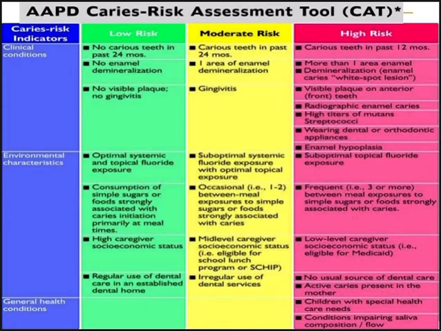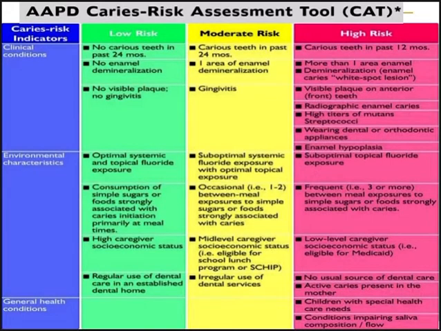Then the general condition: always remember that when you get a patient who has special healthcare needs, mentally or physically, categorize that patient straight away into the high risk category.